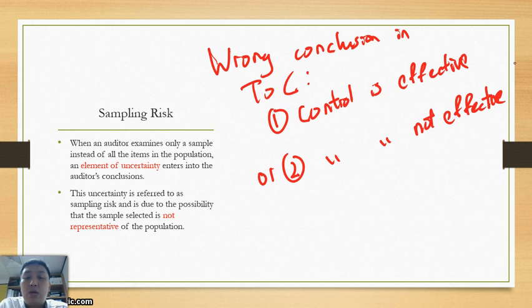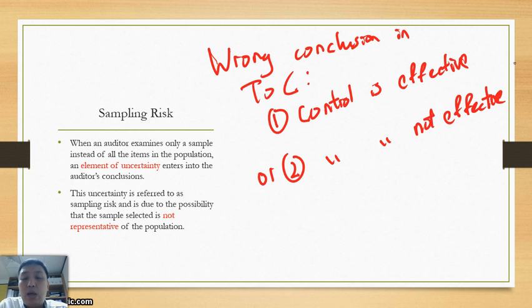This is because auditors may end up choosing samples that are not representative. So for the first one, in actual fact control may be ineffective, but because of the non-representative sample selected by auditors, he may end up with this wrong conclusion.